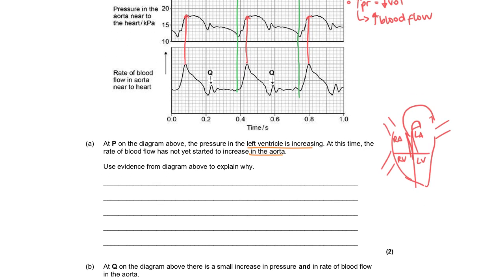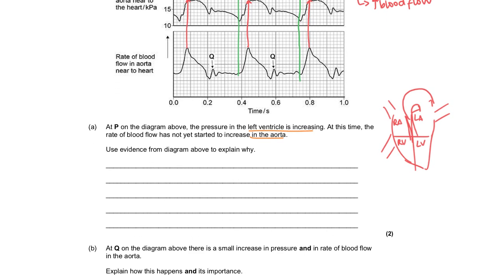And so now I can see that the rate of blood flow in the heart, or in the aorta near to the heart, is low. So if I've got low blood flow in the aorta, this is probably because the semilunar valve that allows blood to leave the left ventricle is closed.